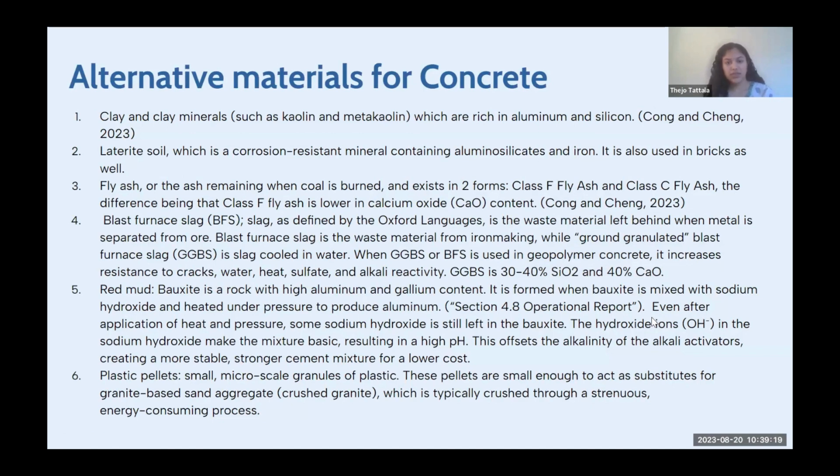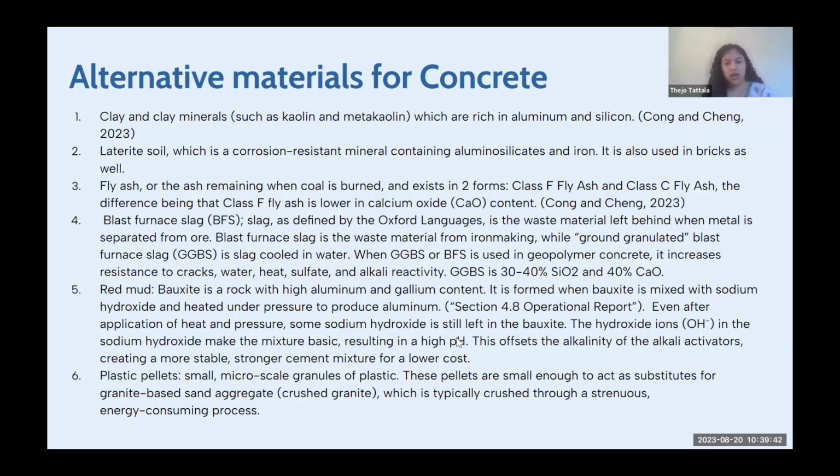The alternative materials for concrete in general include clay and clay minerals, laterite soil, which is corrosion resistant, fly ash, or the ash remaining when coal is burned, blast furnace slag, which is left behind when metal is separated from ore, and red mud, which is also a type of construction material.